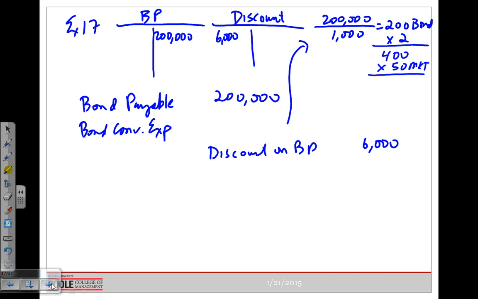And so we provided bondholders with an additional $20,000 to convert their shares, and that would be recognized as an expense.